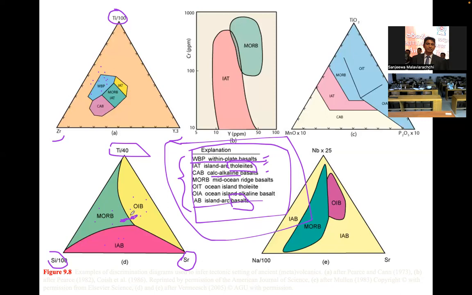But in that case, you can use another diagram to confirm it. Okay, whether it is really ocean island basalt or mid ocean ridge basalt. So it might plot in this diagram here correctly. So then you can use this diagram also in your interpretations. So it's a matter of usage of which type of diagram. Or otherwise, you can use major elements. So here you have the major elements: phosphorus, manganese, right? Titanium.